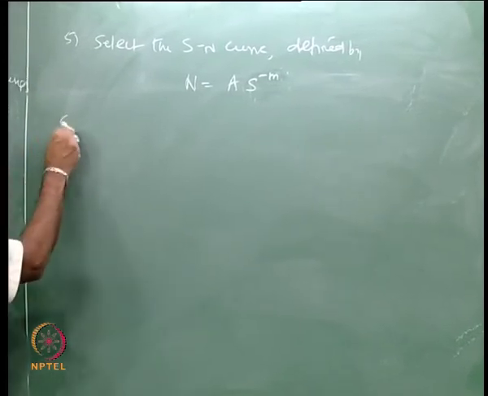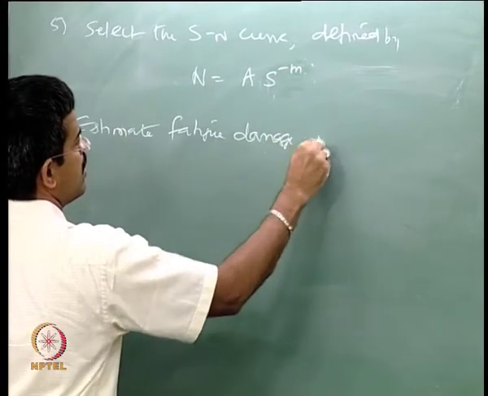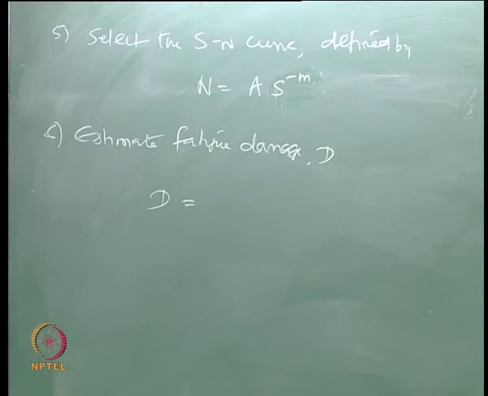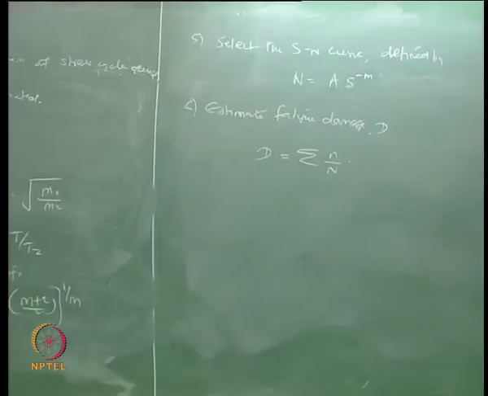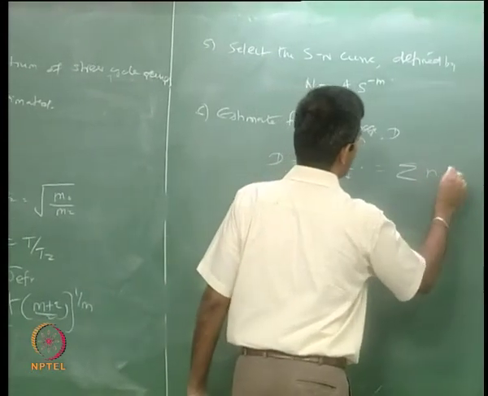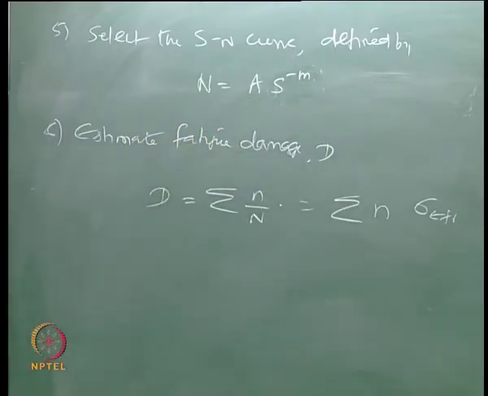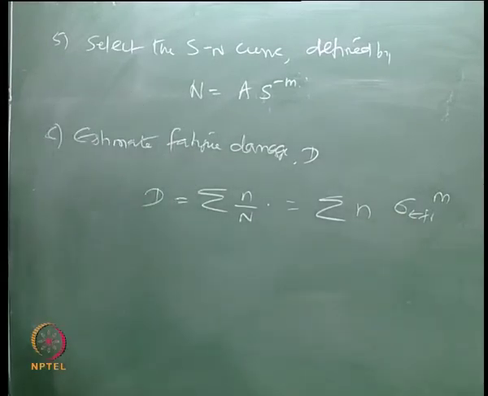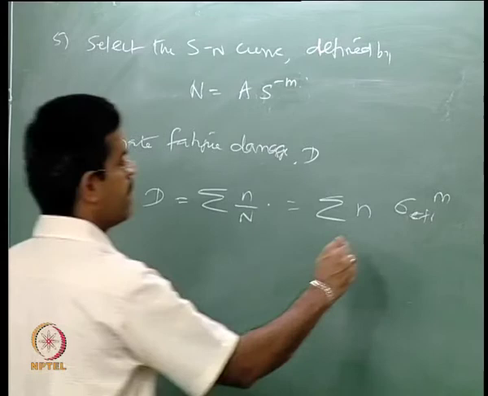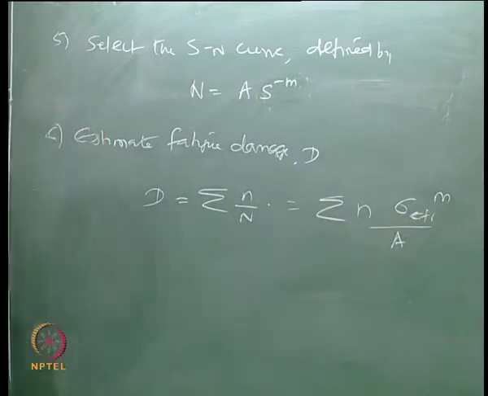Now estimate the fatigue damage, D, which is given by the sum of n by N, which is nothing but the sum of n times sigma EFR, that is my stress, because instead of S I am going to use the effective stress range, which is going to be to the power m, divided by A, because actually N is A S power minus m, it goes up, becomes m, and S is sigma EFR. Sigma EFR is already known to me.